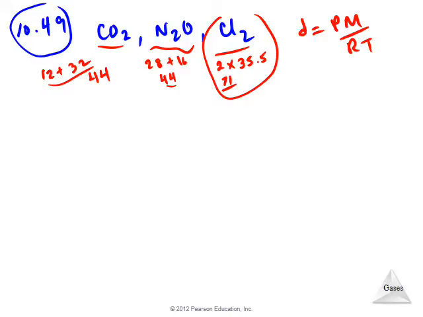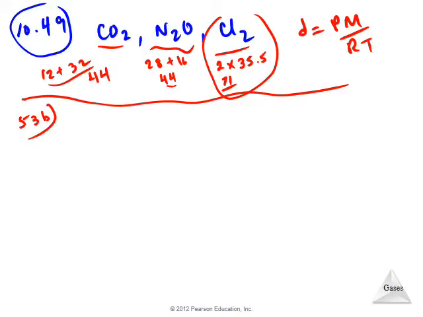Now let's go over our next problem, which is number 53. So 10.53, I'd like to go over B. In this particular case, you need to calculate molar mass. So let's use those kind of symbols. M is for molar mass.